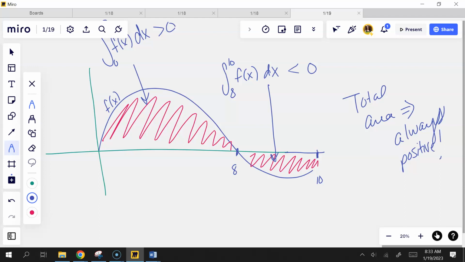So the integral here is negative, but if I'm asked for area, then the area here would be positive. Area is positive, but the integral itself could be negative. So it depends on what the question is asking you. If it asks you for total area, you want to make sure you do absolute value. But if it just asks you to evaluate an integral, you have to take the negative into account. If you put this on your calculator, it's going to give you the negative area there for that interval.